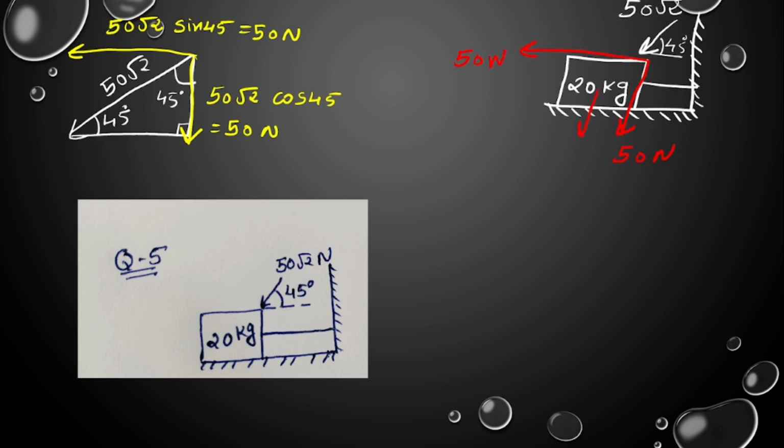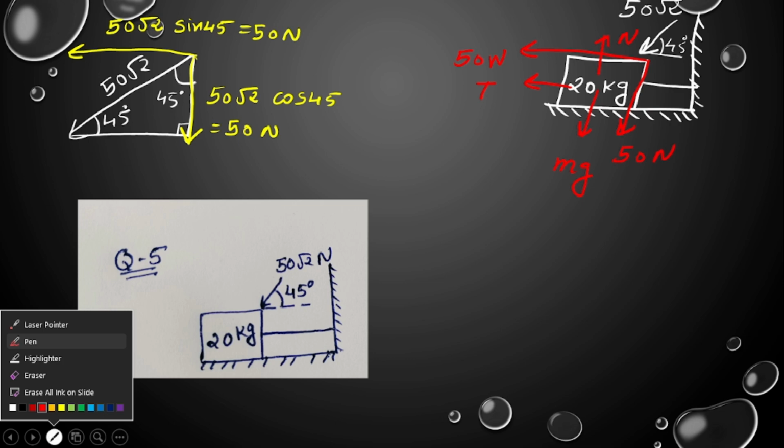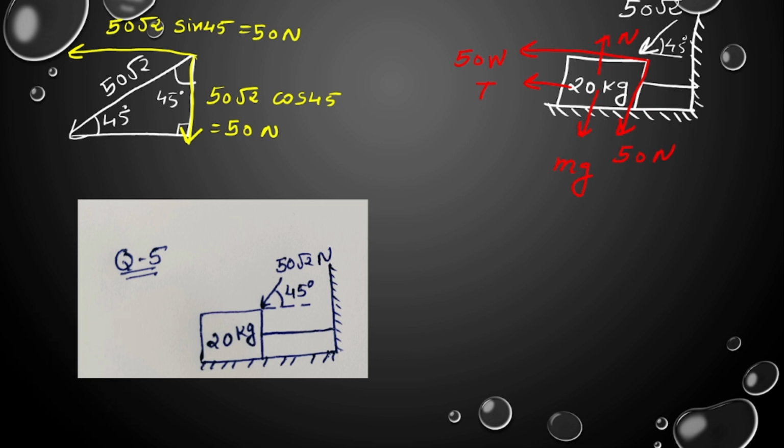Okay, so no doubt mg will act. mg is definitely there. Normal is also there. This is tension, and again we can see the system is in equilibrium. We can write up equals down, and left equals right.